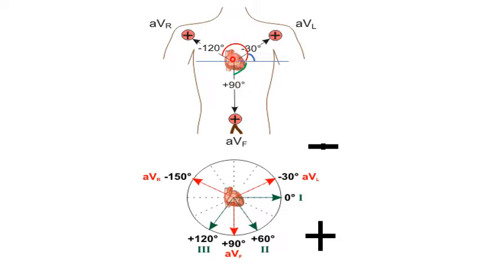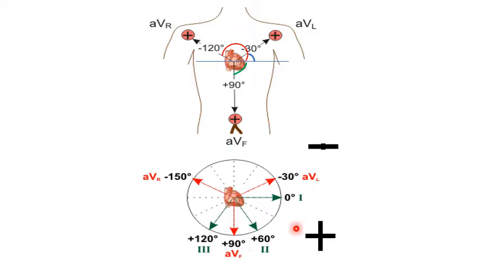So it is 180 minus 30, that's how we get 150, and it's minus because it's in the upper half of the circle. Now for the AVF, you can notice that the angle, because it is perpendicular to the horizontal axis, is positive 90, and positive because it's in the lower half of the circle.